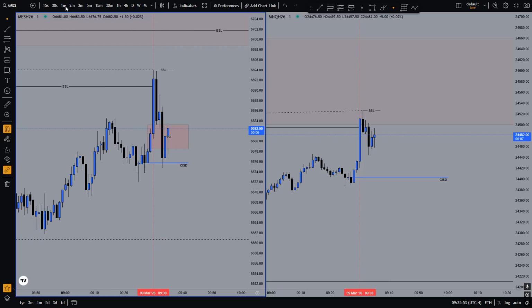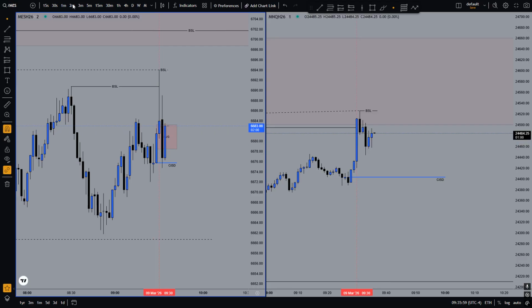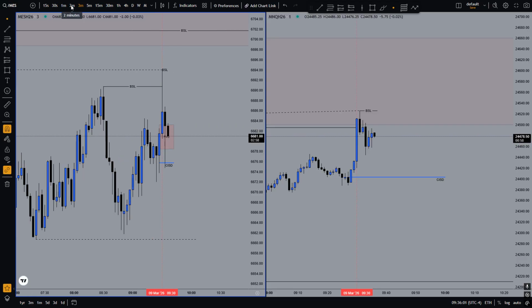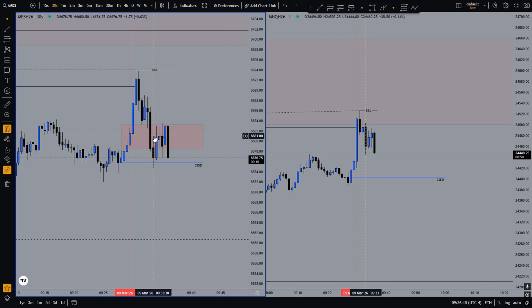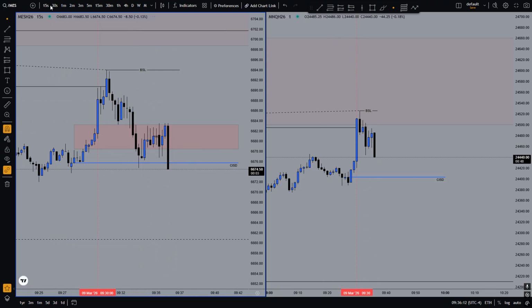So it looks like ultimately we tap the change and then we just get back up higher. So now we're getting some legs down. 30-second, still holding here.